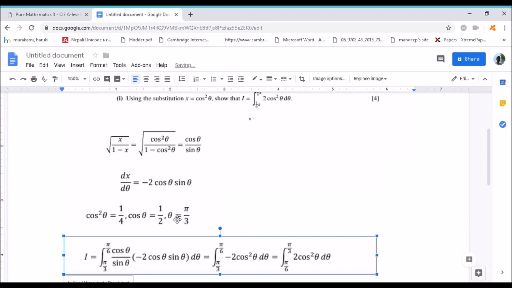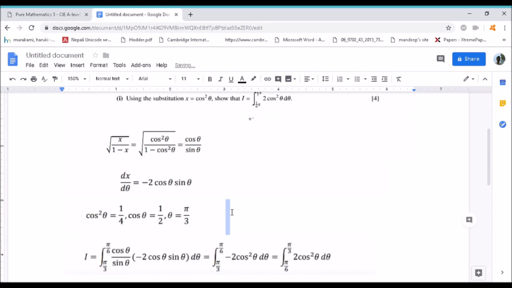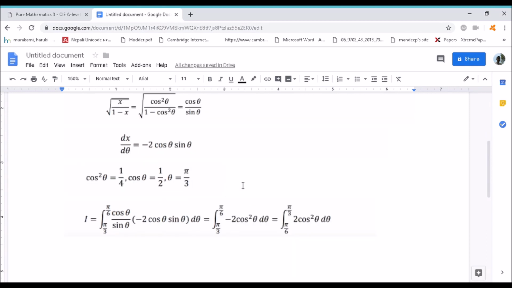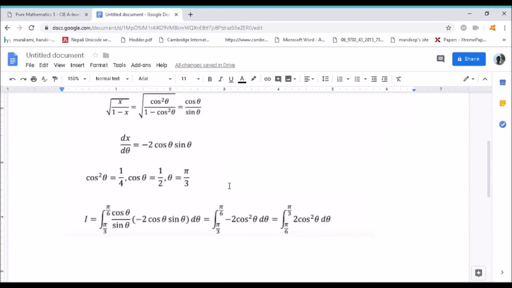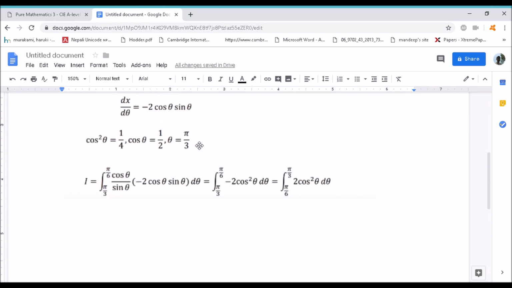And after this we replace x by 3/4, so cos squared theta equals 3/4, and theta will be pi over 6. So the range will be pi over 6 and pi over 3.